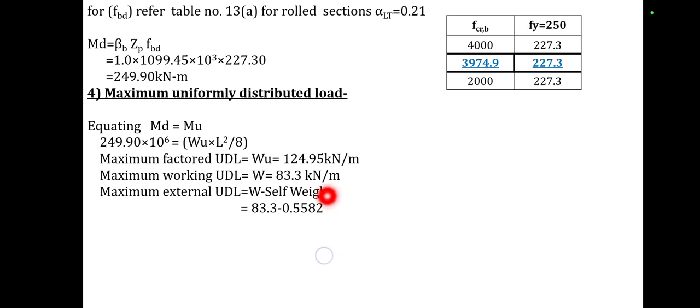And then from this UDL, we need to subtract the self weight of the beam which we have assumed. From the maximum working load, that is 83.3, we subtract the self weight, which is equal to 0.5528. We get the maximum external UDL as 84.74 kilonewton per meter.